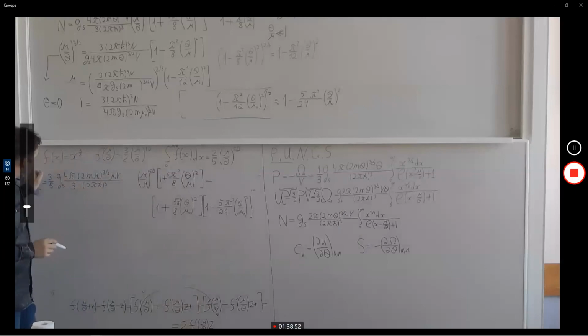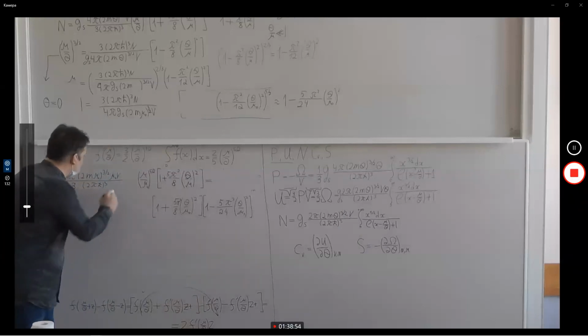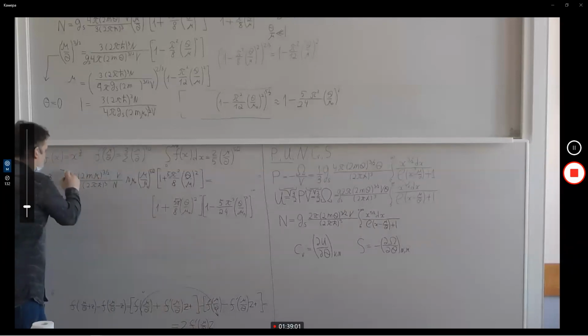Then I make computations. I see divide here and here, and I see here it's 1.